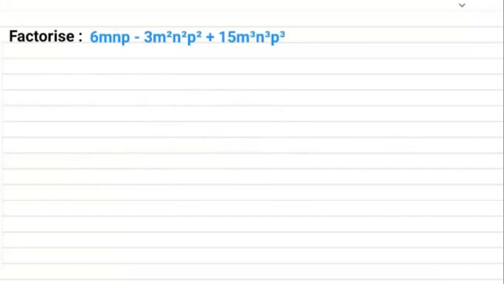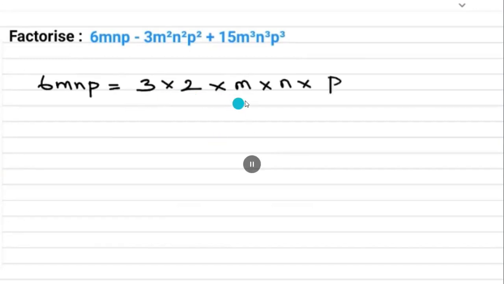So next example. 6mnp minus 3m squared n squared p squared plus 15m cube n cube p cube. We are going to write each term in terms of factors. 6mnp: 6 can be written as 3 into 2, so we split it as 3 into 2 into m into n into p.